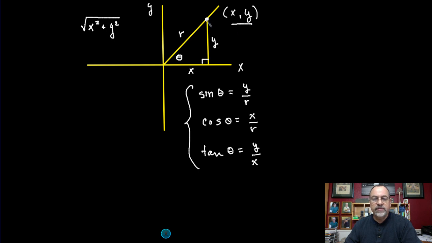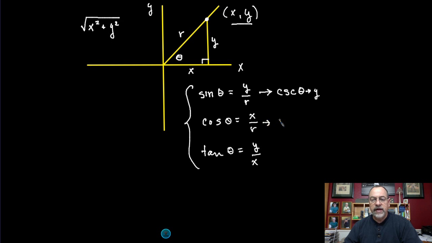Whatever the coordinate of this point is, the y value over this r value, or distance from 0, will give me my sine. The x value over the radius will give me my cosine, and the y over x will give me my tangent. So one of the connections I want you to make here is that the sine ratio and also the cosecant, because they're reciprocal functions, are related to the y coordinate of this point that's on this line.